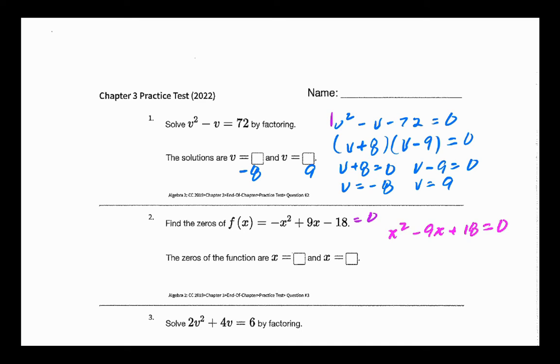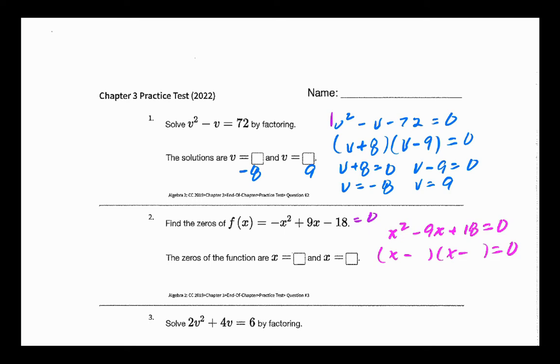So again, remember, look at this one here. It's positive this time. So when this one is positive, you have to look at the middle term. It's negative. So that tells us that we're going to have x minus, and we're going to have x minus, is equal to 0. And in this case here, what are two factors of 18 that add up to negative 9?